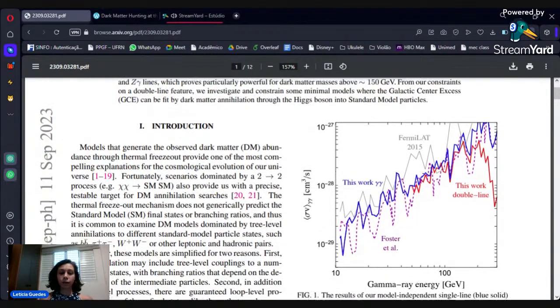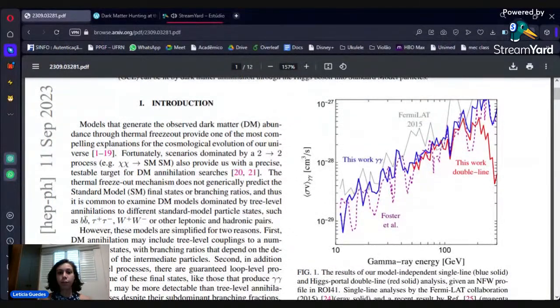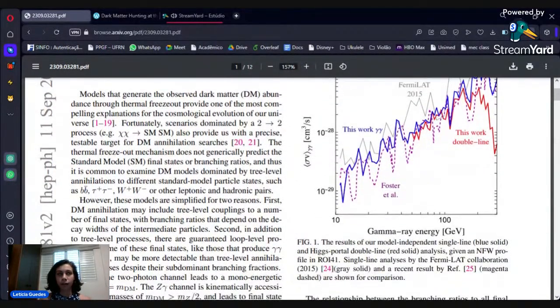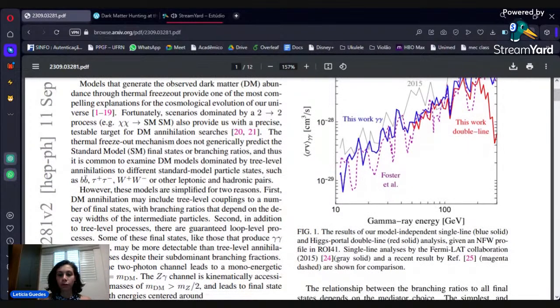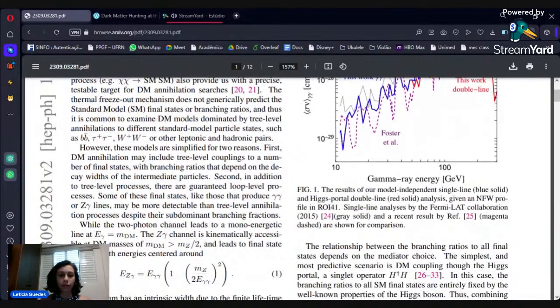Okay, so this paper is not focusing on just suggesting a model. It's more of an analysis. Normally, what's common to be done is to look for this gamma production: two dark matter particles producing two photons. In this case, they look for the gamma Z channel as well.